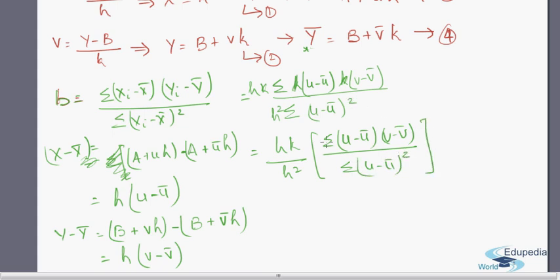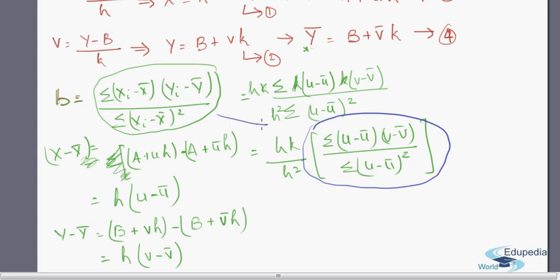Now if you look at this, this is exactly the same form as the earlier one. The difference is this factor h k by h square. Here we can cancel out one h, so we'll be left with k by h times exactly the same as what we have here.